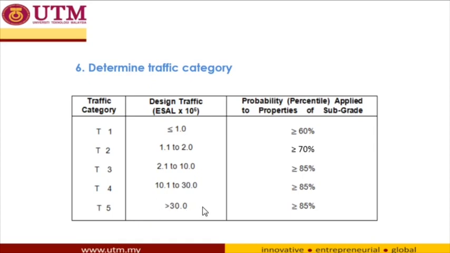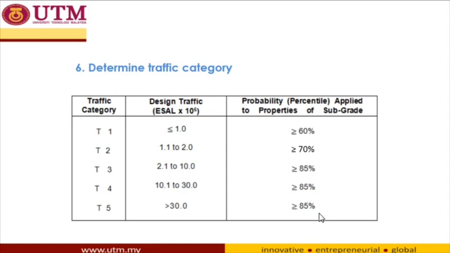And then finally you have probability, which applies to the properties of the subgrade. As I have mentioned earlier, subgrade strength is a very important factor considered in the design. Based on the table, the probability of the subgrade is proposed between 60% to 85%. For T1, it's 60%, T2 is considered for 70%, and for T3 to T5, the probability is proposed at 85%.